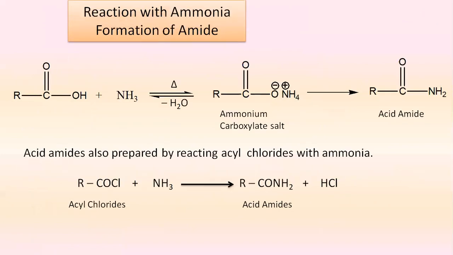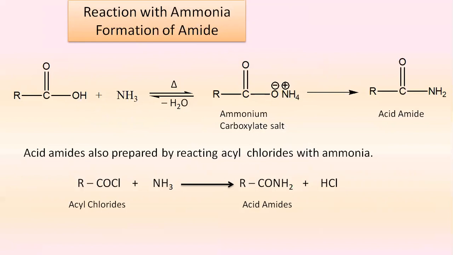The next reaction is the reaction with ammonia. The product formed is amides. See how the reaction takes place in two steps. First, when acids react with ammonia on heating, H2O is added, that is, ammonium carboxylate, O minus NH4 plus, is formed.